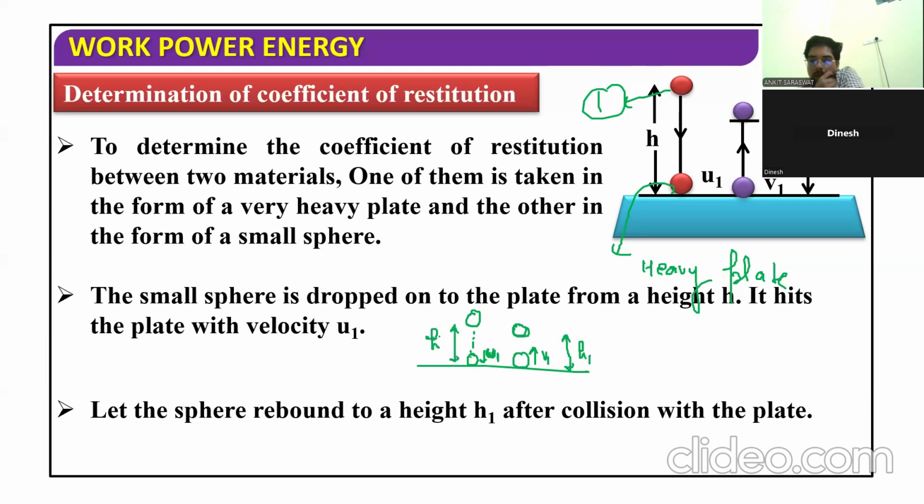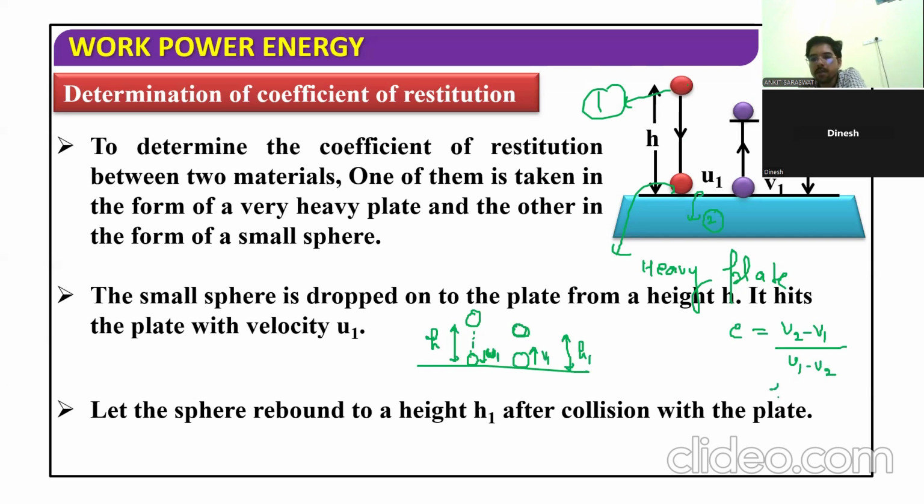Now, did you see one thing here? E will be (v2 minus v1) by (u1 minus u2). This is first body, second body. Here the second body is at rest.